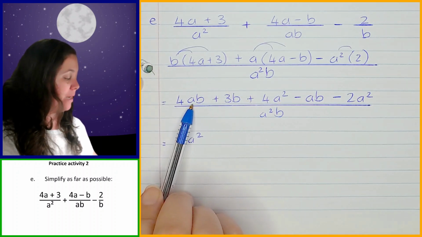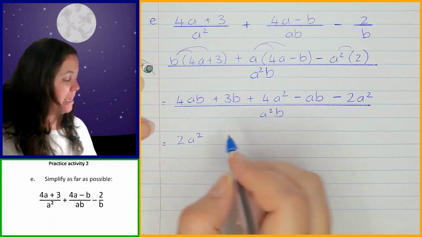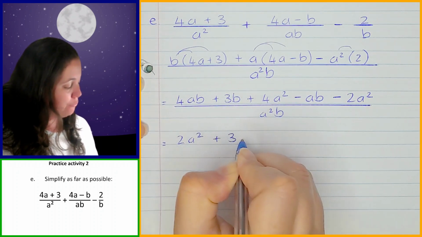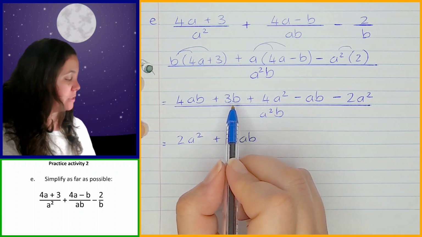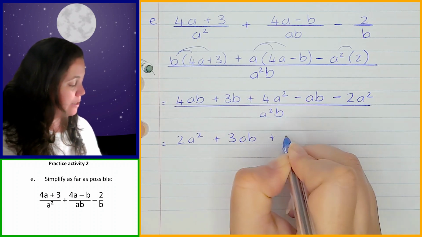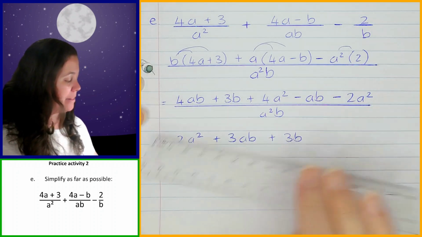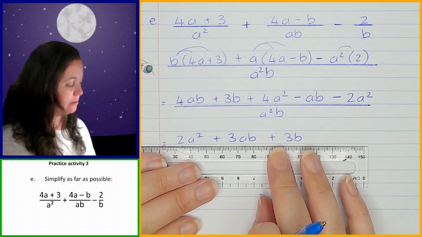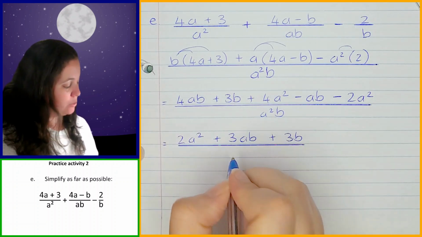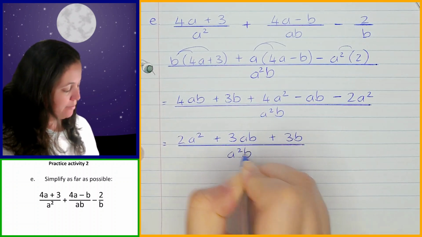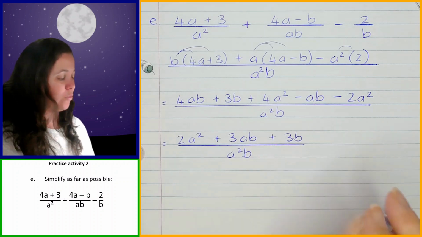I've got 4ab minus ab. That gives me plus 3ab. And then my b, I've got just this 3b over here. So it's plus 3b. And that all goes over my denominator of a squared b. And that we should have got for question E.